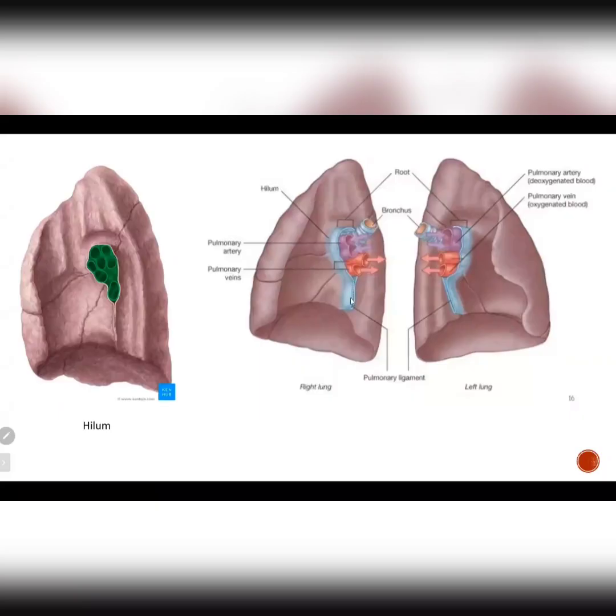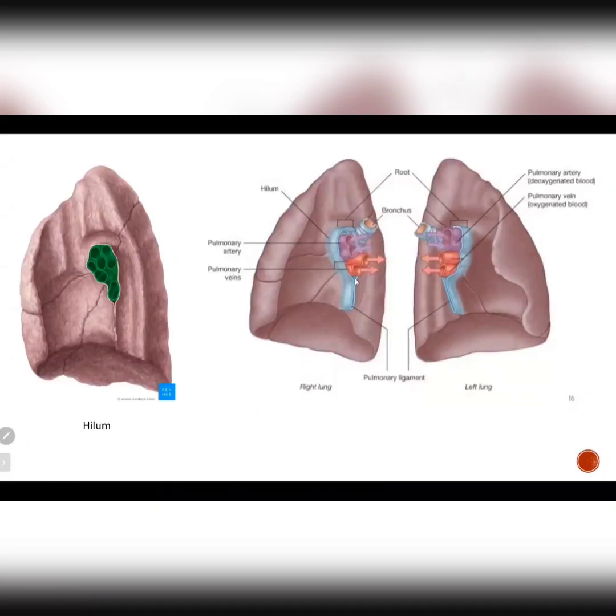Pulmonary ligament is a double fold of mediastinal pleura, which will be present at the inferior aspect of hilum of lung. Pulmonary ligament, double fold of mediastinal pleura, present at the inferior aspect of hilum of lung. So this is a frequently asked spotter question.